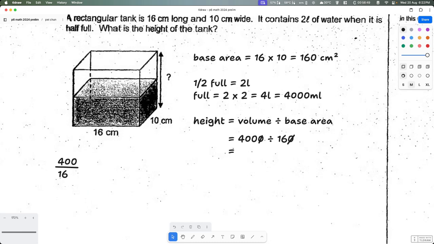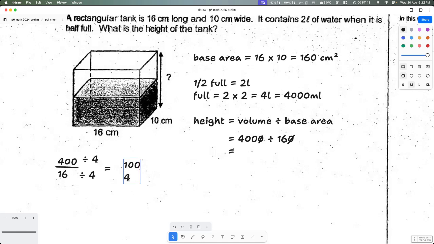So we can cancel, or divide this by 4 and then divide this by 4. This will give us 100 over 4.